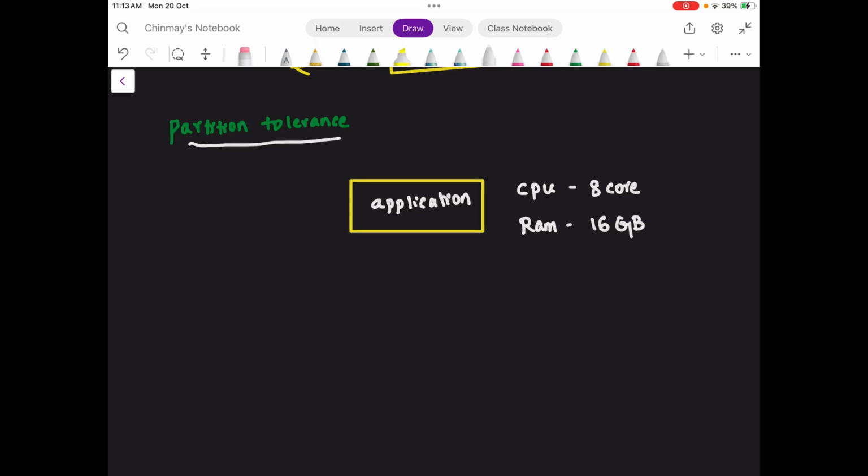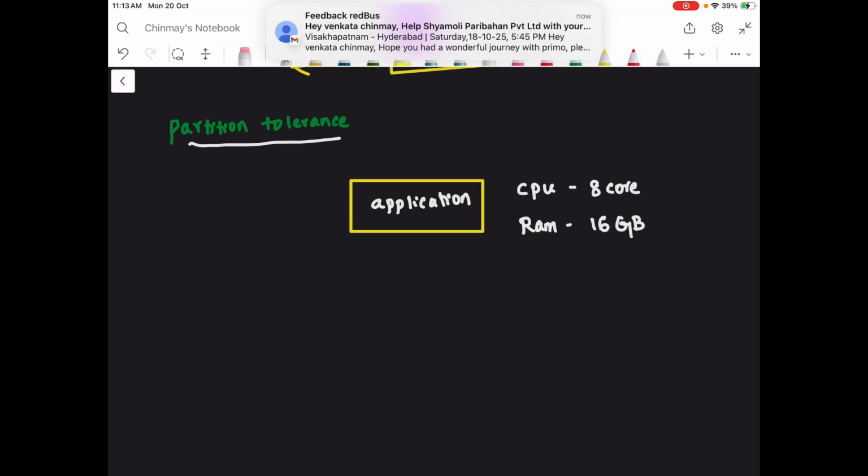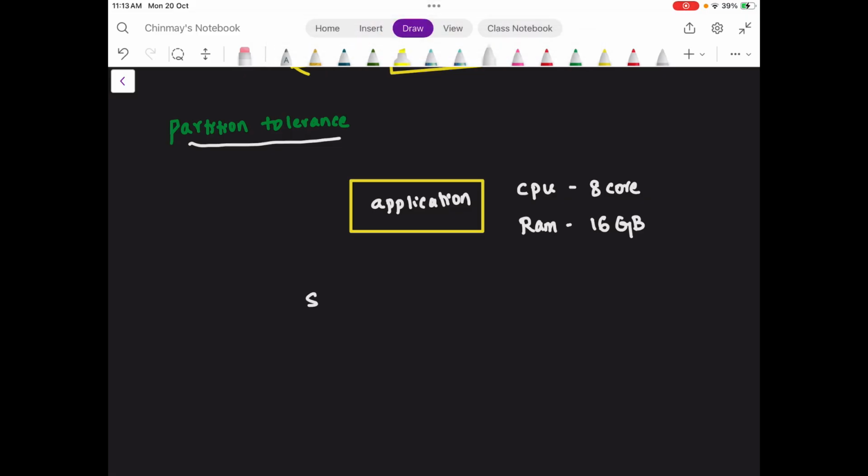If you maintain your application as a single instance with 8-core CPU and 16 GB RAM in production, will it scale? No, it wouldn't scale. If the number of requests increases, what happens?